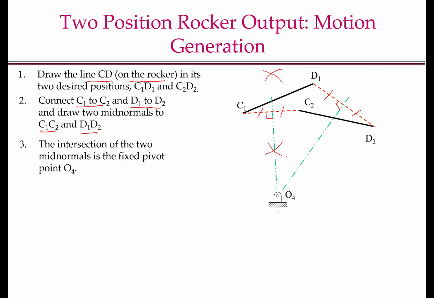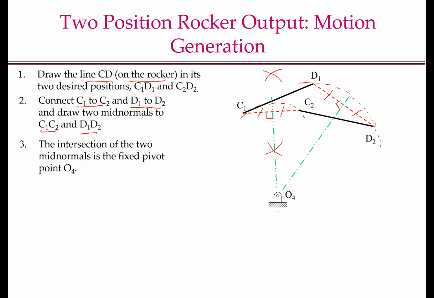Why is that true? Recall that the whole link rotates about this fixed pivot O4. Therefore, any point on the link will be on a circle centered at the fixed pivot O4. So the point C will be always moving on a circle centered at O4. Point D will be always moving on a circle centered on O4.